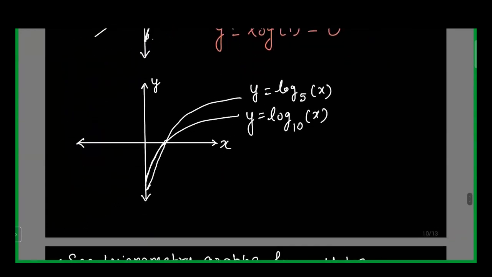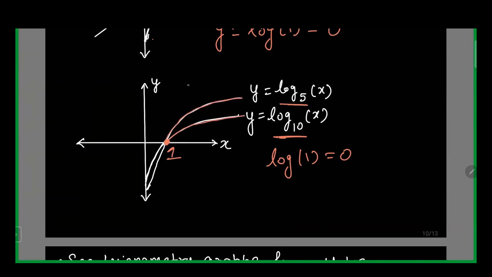Similarly, if I plot two different log functions, one has base 10 and one has base 5, both will start from here because log 1 is 0 for every log function. So log base 10 will have this growth and log base 5 will have this growth.